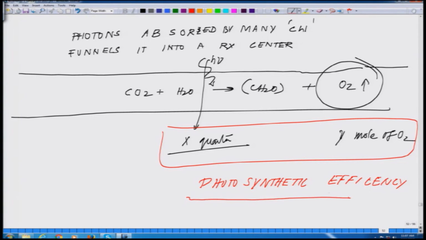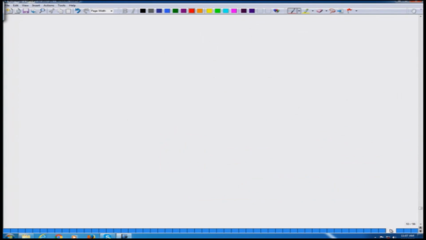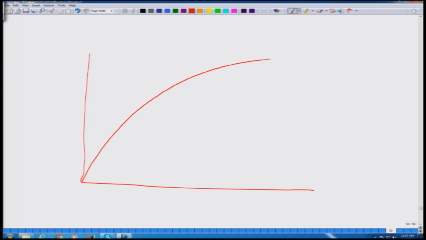Now, what is important here, moving on to the next slide. The measurement of the dependence of the rate of photosynthesis on the intensity of illumination shows that it increases linearly at low intensities and reaches a saturating value at high intensities. This was discovered, and it is a very interesting graph to look at.